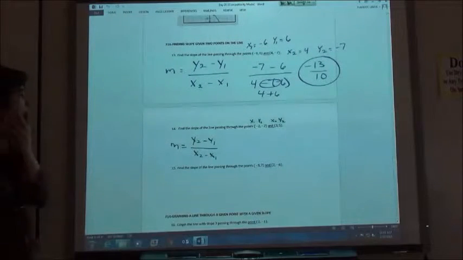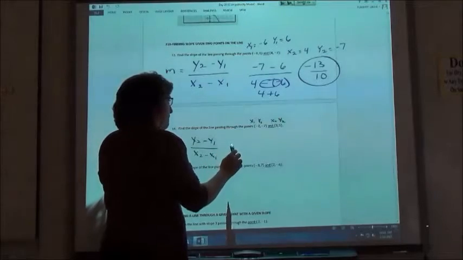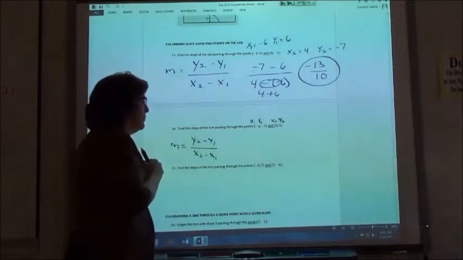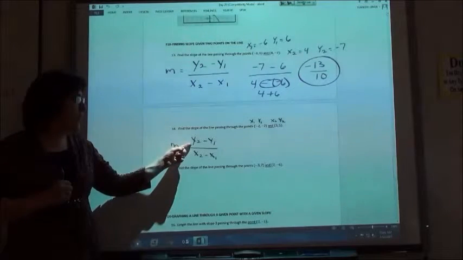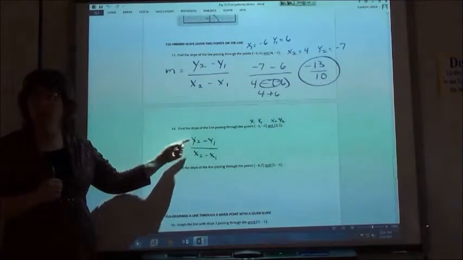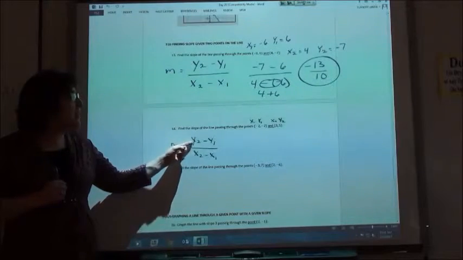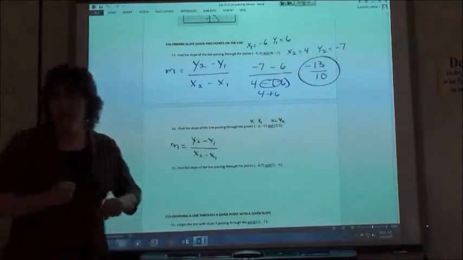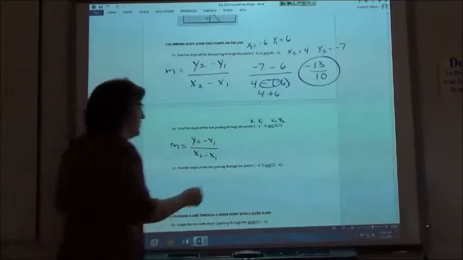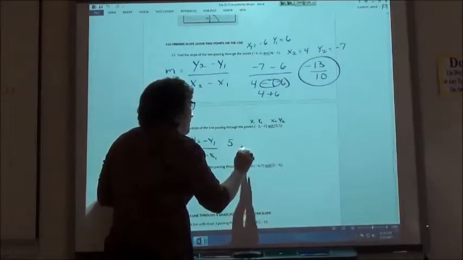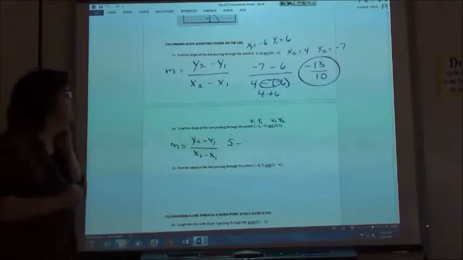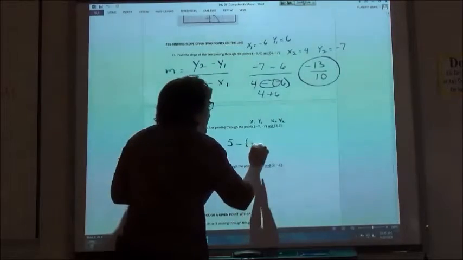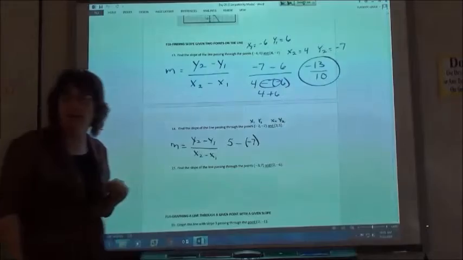So it's going to be -7. Now, I'm supposed to start with the y value of point 2. So I'm doing this one, right? 5. So it's going to be 5 minus -7. So 5 minus -7.